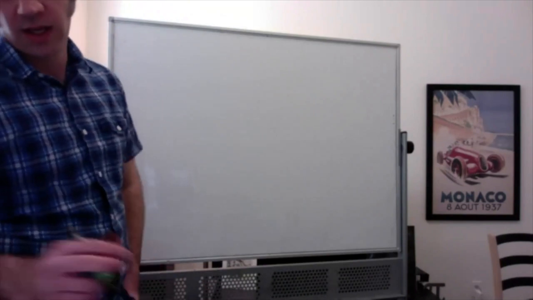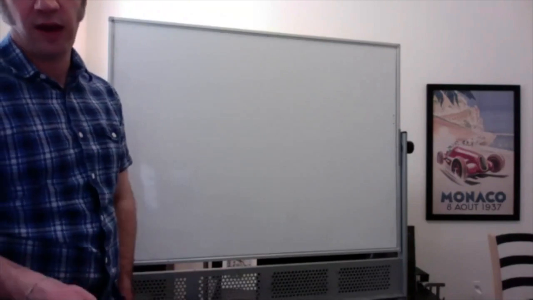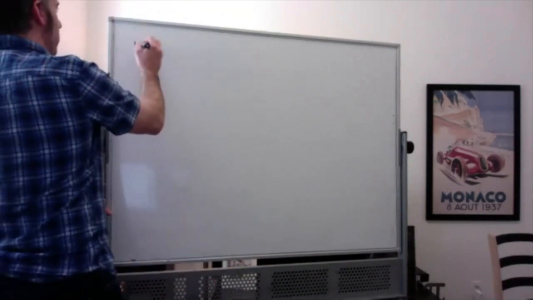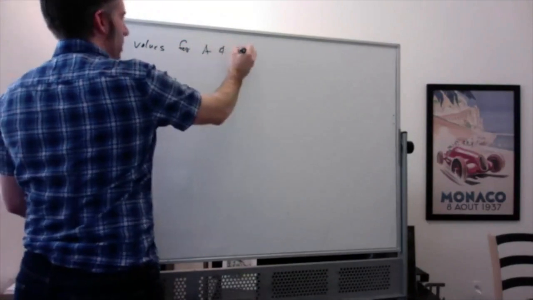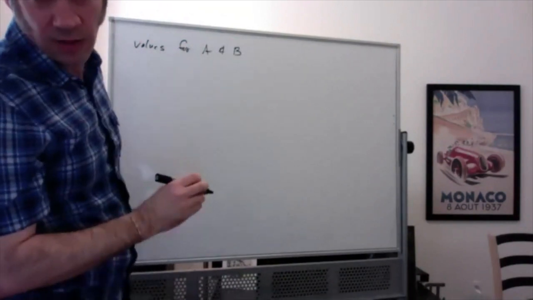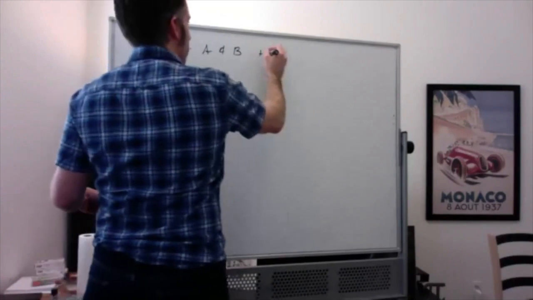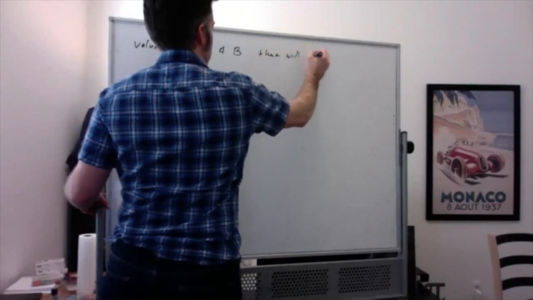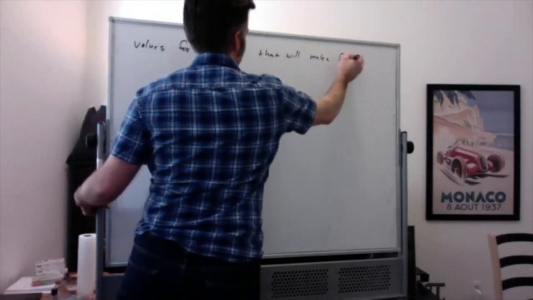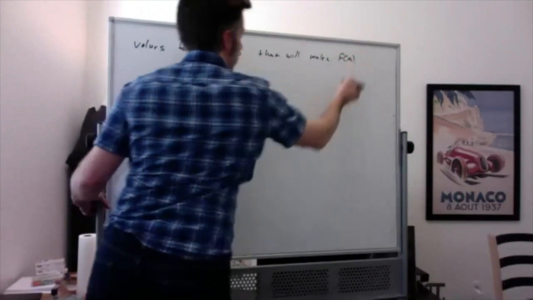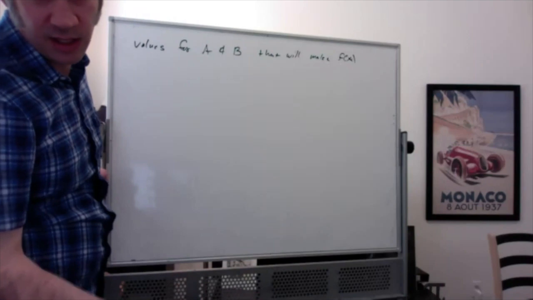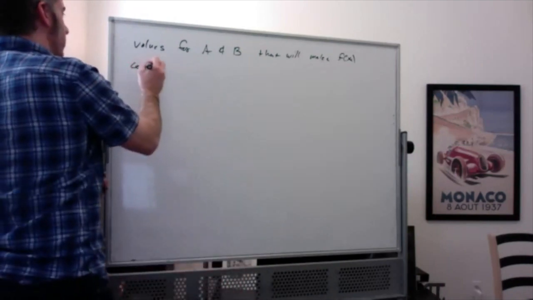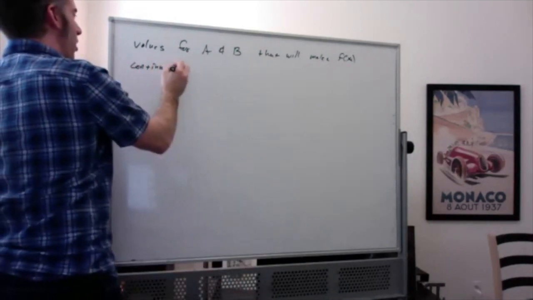13. So here's the question, which I'll write down. Are there values for a and b that will make the function below, f of x, continuous for all x?